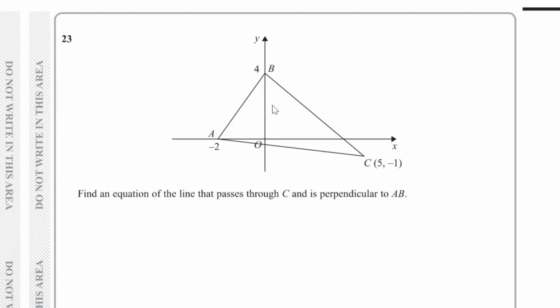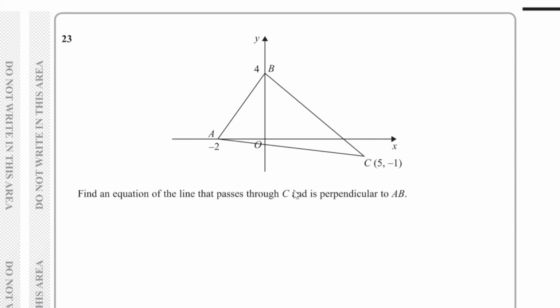Question 23. We've been given this diagram, and we have to find an equation of the line that passes through the point C that is perpendicular to AB. So what do we have to find out?